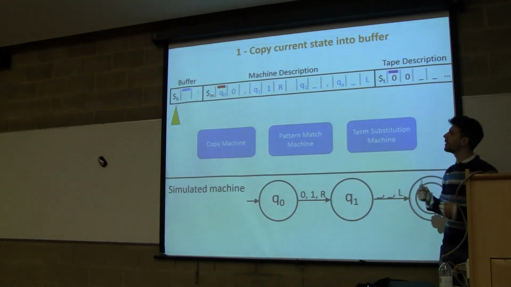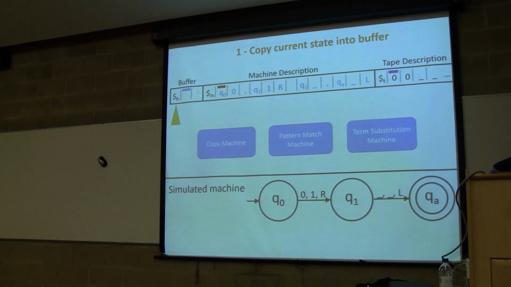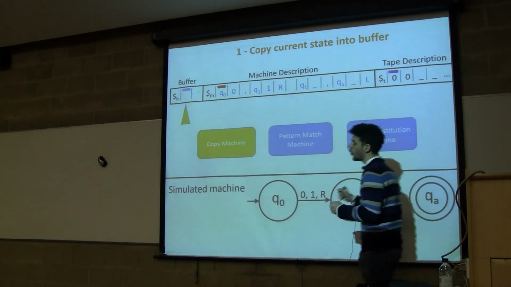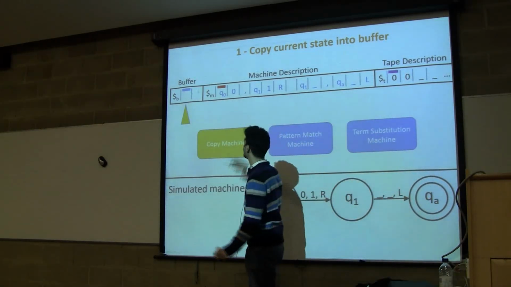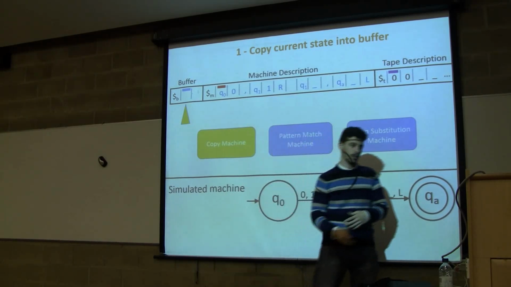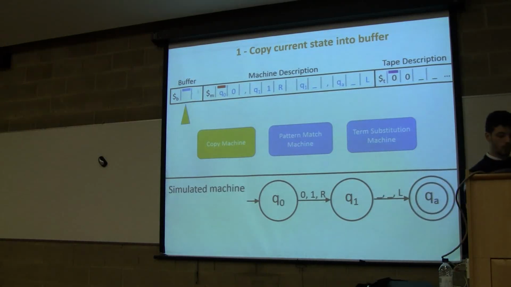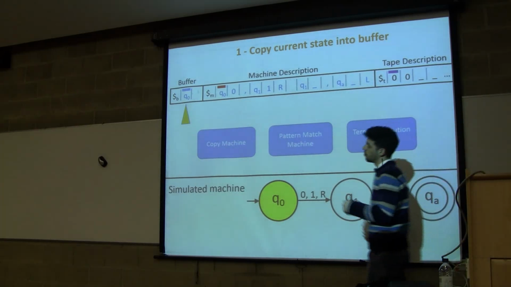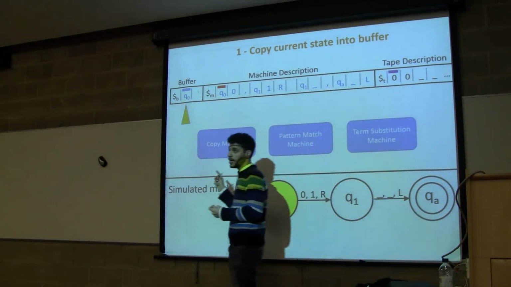Okay, let's see how it goes. The first thing you need to do is simulate this Turing machine here. You need to copy in the buffer the current state, so that now the universal Turing machine knows what the initial state is, and it will be Q0. So copy that in the buffer. Okay, so now you know the state.